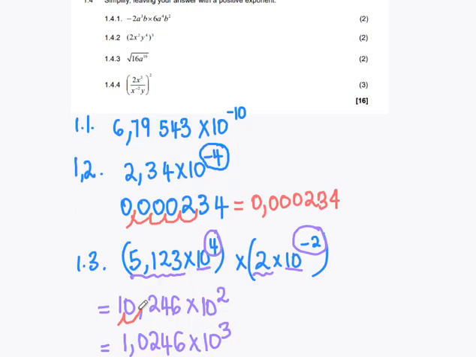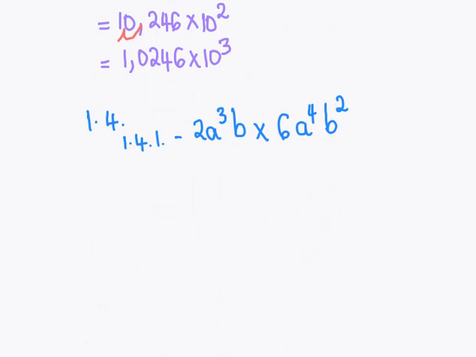We have here negative 2a to the power 3b times 6a to the power 4b squared.